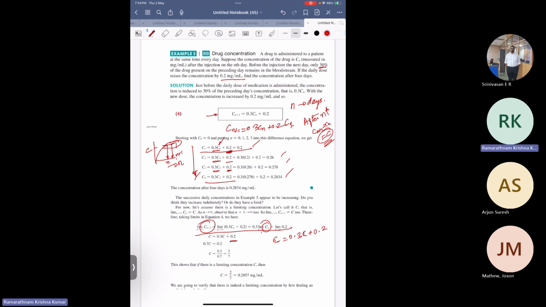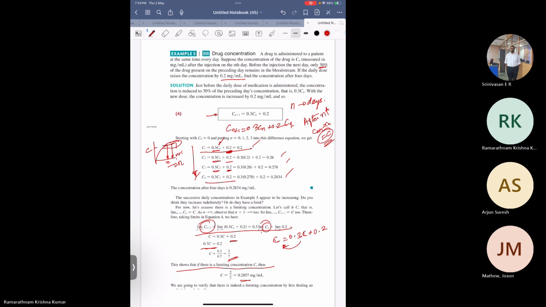Rearranging, bringing it to the side, 0.7 C is equal to 0.2, and C is equal to 2 by 7. Interestingly, that is the limiting concentration.